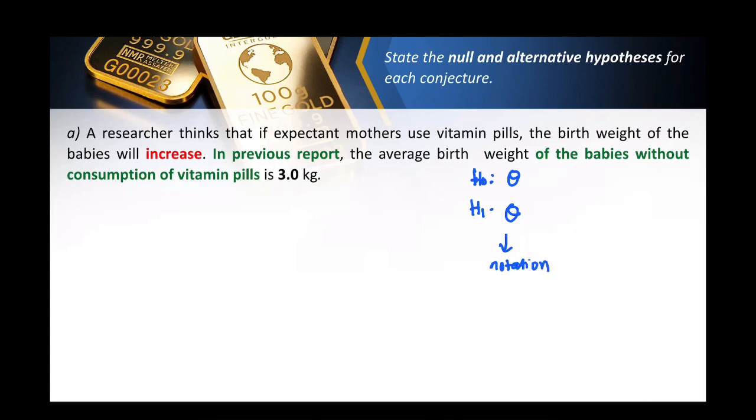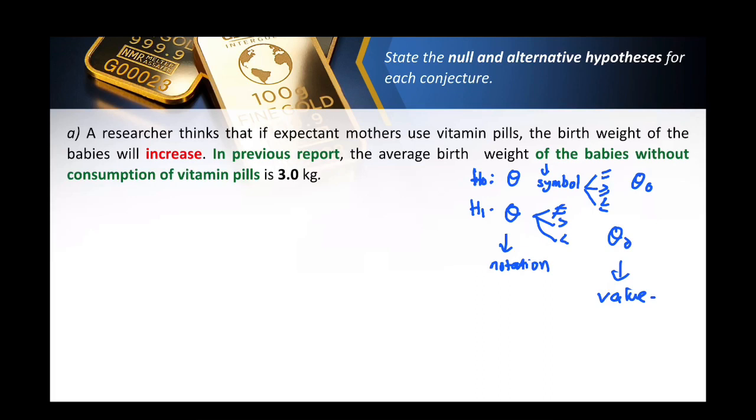Here will be the symbol. The symbol can be equals, greater than or less than. Same goes to here, it can be unequal, greater than or less than. So this part is theta naught, which is a value, a number.